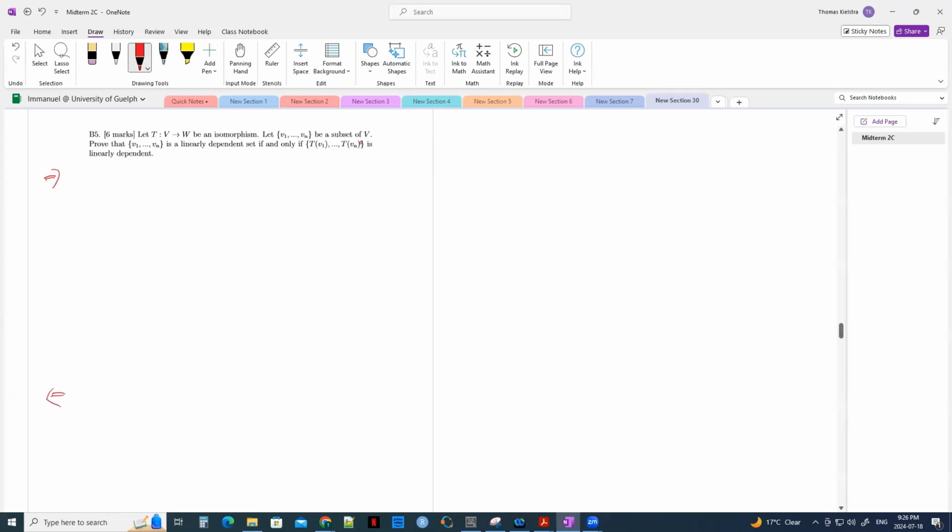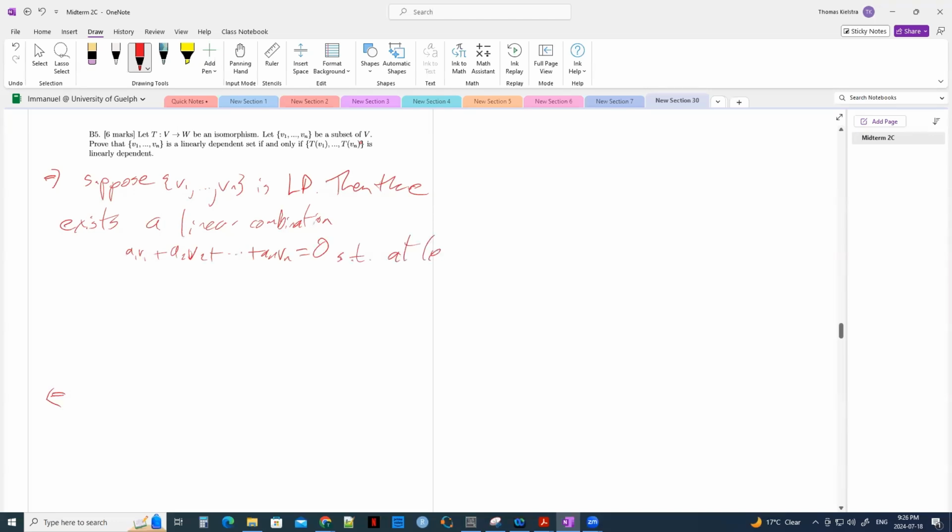So to prove the forward direction, suppose the set v1 through vn is linearly dependent, then there exists a linear combination a1v1 + a2v2 + ... + anvn equals 0, such that at least one ai does not equal 0.